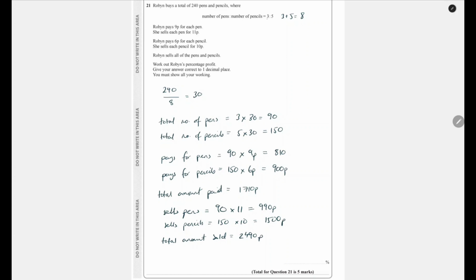And so to work out the percentage profit, it's the difference, which is 2,490 minus how much she paid for it, which is 1,710, over 1,710. And as we need it to be a percentage profit, it's multiplied by 100 to make it into a percentage, and that gives us 45.6%. That is the percentage profit.